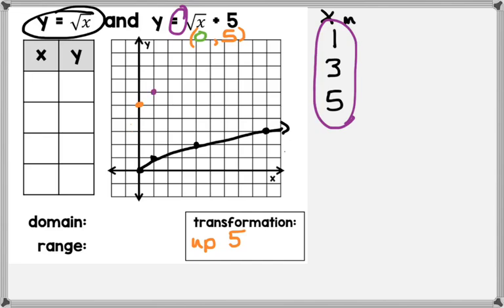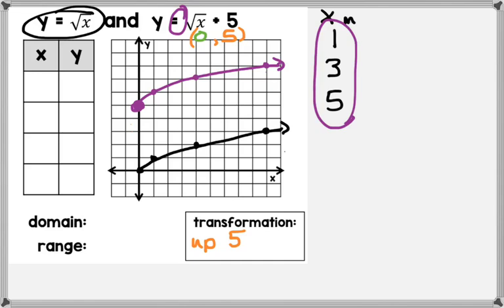Up 1, over to the right 1, up 1, over 3, and up 1, over 5. So all we've done is pick this graph up and move it up 5, and then the transformations are going to be the same. So domain, what x values did we go through? Well, we started here.